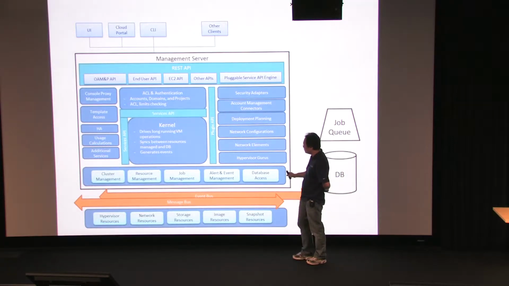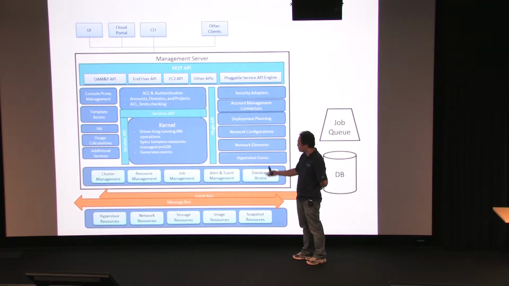Above that, there's a set of core functionalities that the management server provides. Things like being able to cluster the management servers, provide different nodes in that cluster so you can scale out the management server to handle different loads. Our resource management, which handles the connections to the resource, how to send messages to the resource, detecting whether a resource has dropped out or come into management.